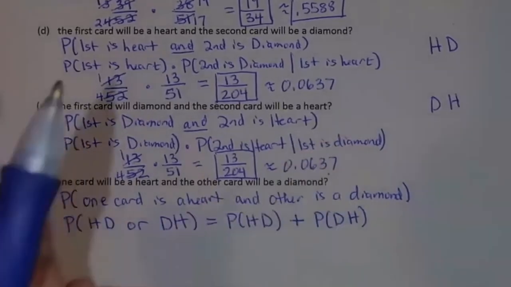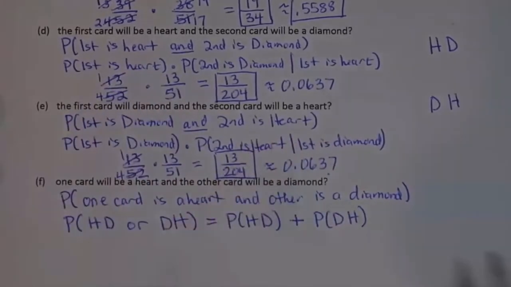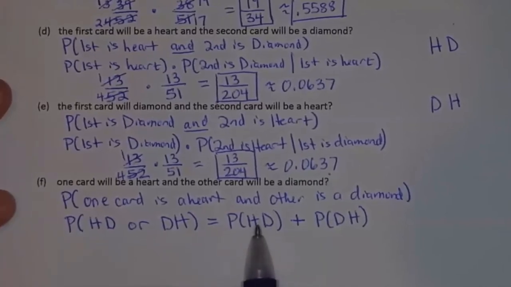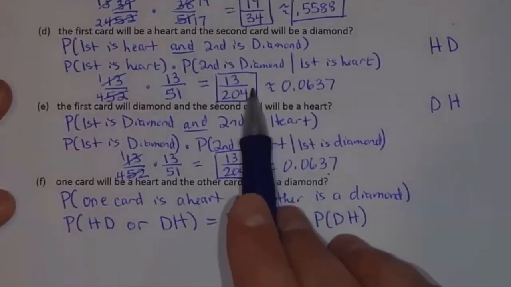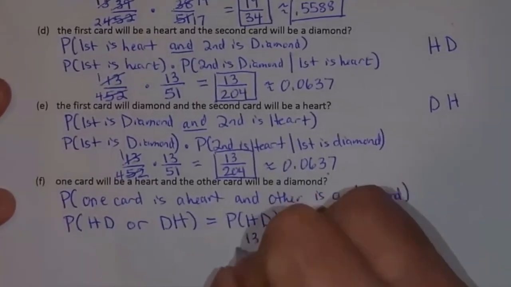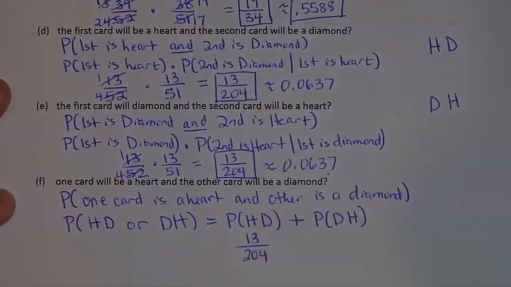You can't get a heart first and a diamond second and get a diamond first and a heart second at the same time. You can get one or the other, but you can't get both at the same time. Now we figured out what the probability of getting a heart first and the diamond second was. That was right here. That is 13 out of 204.